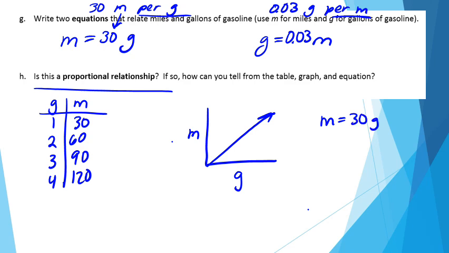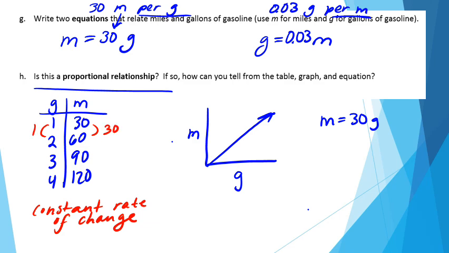So looking at this, how can I tell from the table that it's proportional? Because it is proportional. Well, what we're going to talk about here is that there's a constant rate of change. So as it goes up by 1 gallon, it goes up by 30 miles. 1 gallon, 30 miles. 1 gallon, 30 miles.